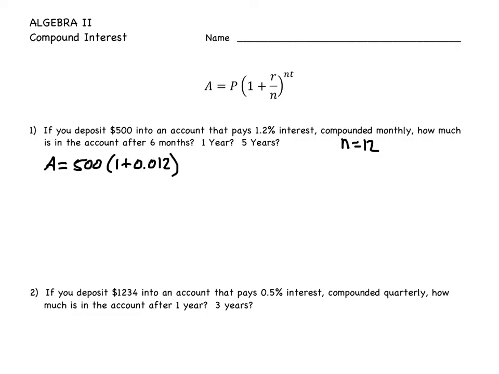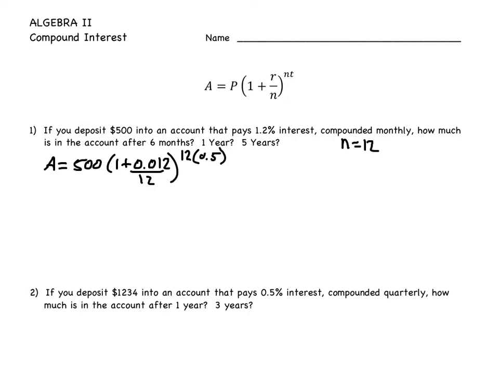And that has to be divided by N, which is 12. And then we raise that to the N times T, so 12 times, now T is always in years, so if they want 6 months, that is half of a year, so 0.5.